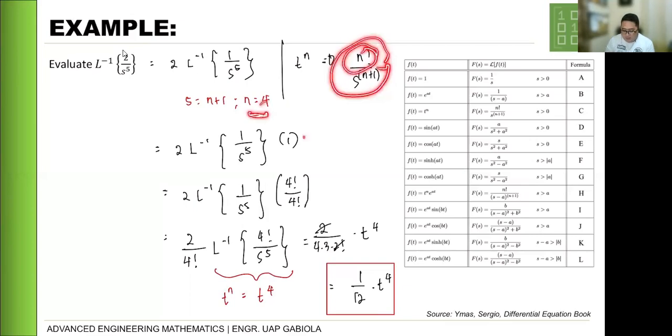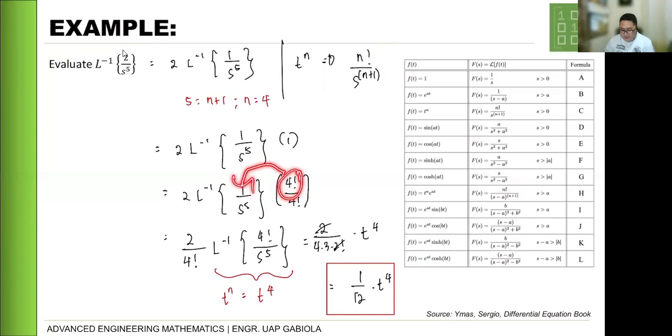That is why we introduce dito a multiplier of 1 which will not disrupt yung meaning or yung mismong value ng ating function. Then we just manipulated si 1 and convert it to a number that we can use, no? Which is yung 4 factorial over 4 factorial.